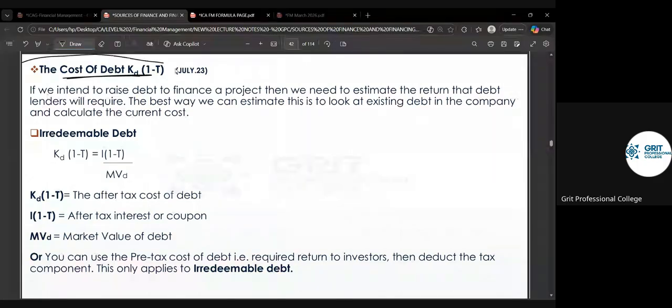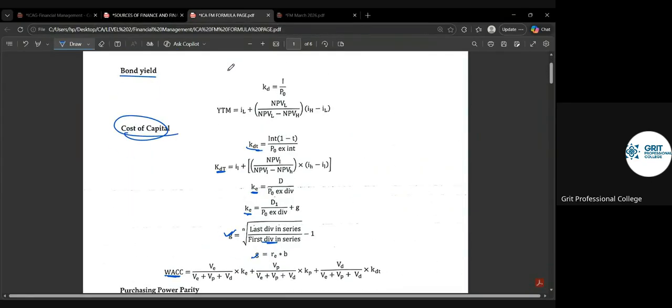And so we'll be looking for the after-tax cost of debt. In your formula sheet, you can clearly see that at the debt portion it is mentioning KDT, so after-tax cost of debt. The T here represents tax.